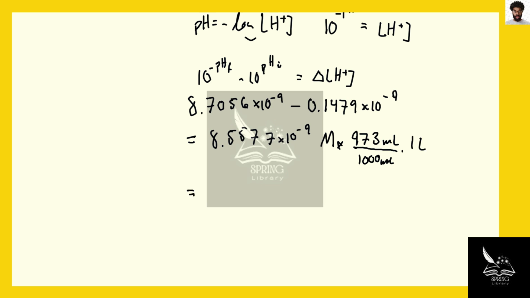And so our final answer will be our previous answer times 0.973, or 973 over 1,000. And so our final answer will be that we need to add 8.326 times 10 to the negative 9th H plus atoms.